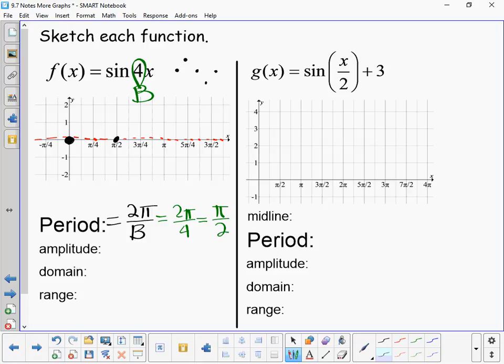Once you have your beginning and end of the cycle marked, cut it in half to find the other point on the midline, and then halfway in between it'll go up by the amplitude, and halfway in between it will dip down. The amplitude of this function was just 1. So this gives me one cycle of the function, and then to finish graphing it, I just repeat that pattern to get a nice sinusoid.